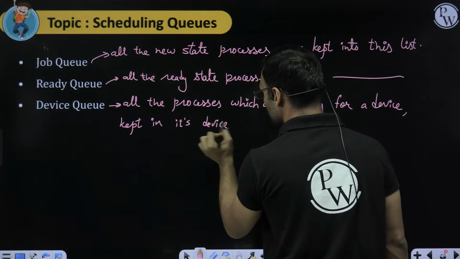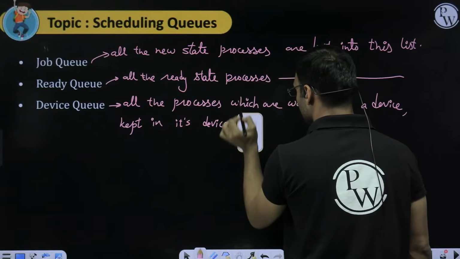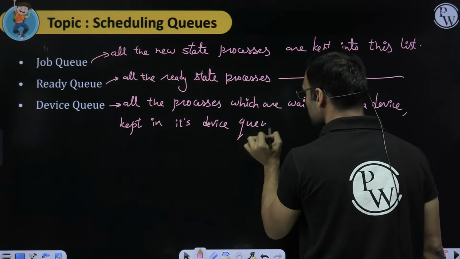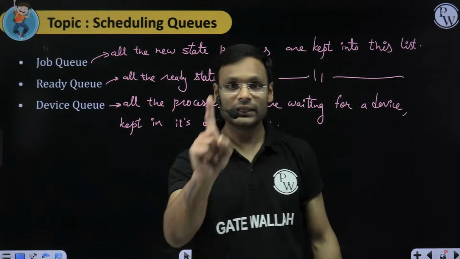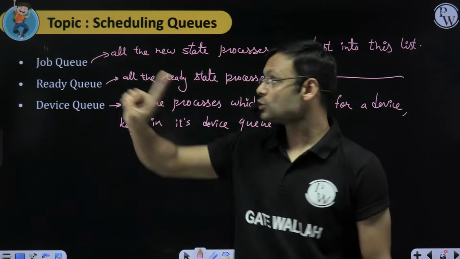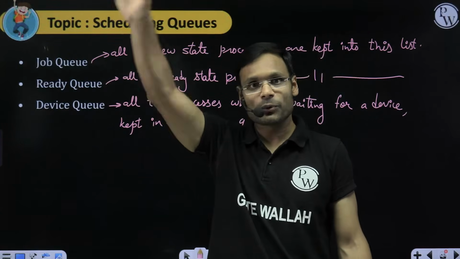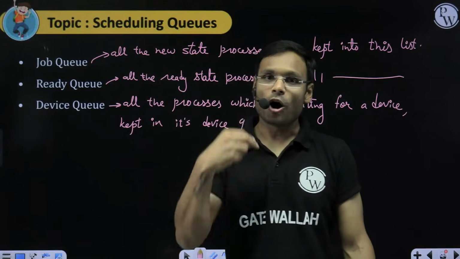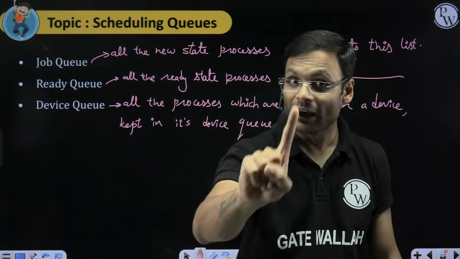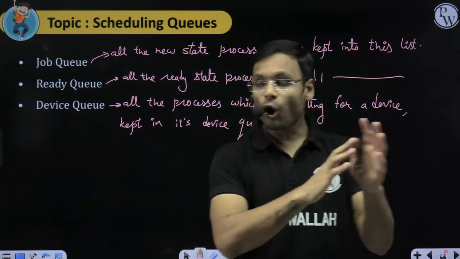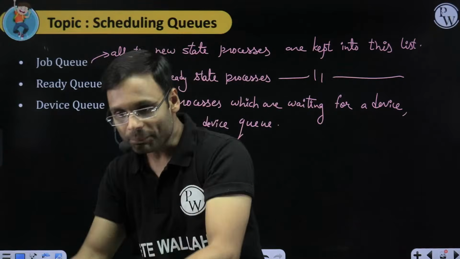Now, there is a small concept over here. The concept is, boss, the operating system maintains overall only one job queue. All the new state processes are kept into it. The operating system maintains only one ready queue. All the ready state processes are kept into it.